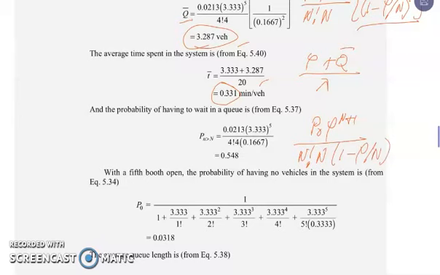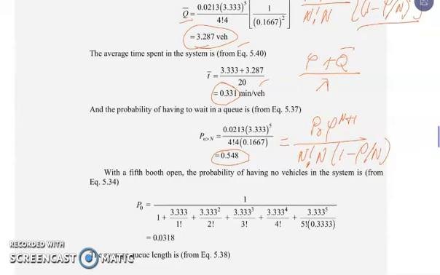If we identify the value for this and simplify, we have 0.548.